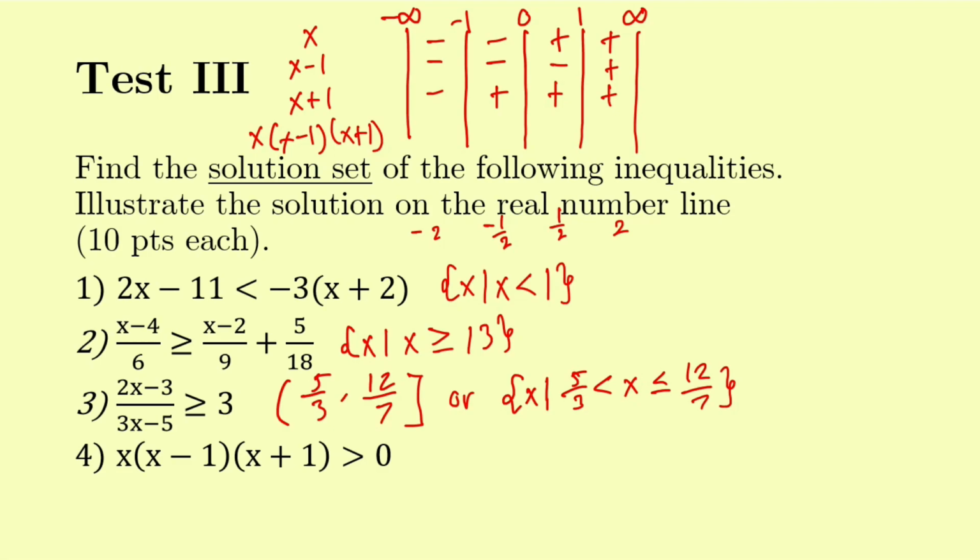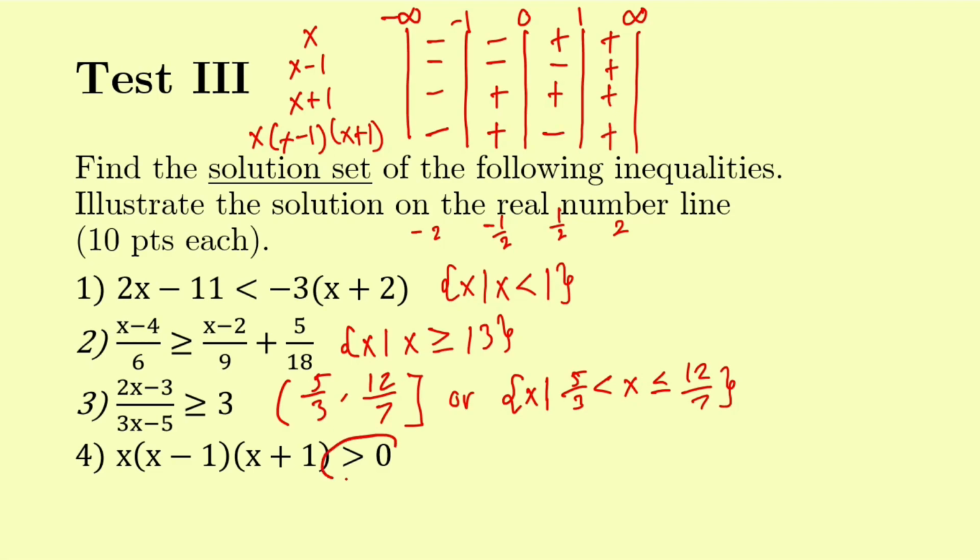Negative times negative is positive times negative. That is negative. Negative times negative is positive times positive is still positive. Okay? Positive times negative is negative times positive is still negative. And then positive, positive, positive, positive.